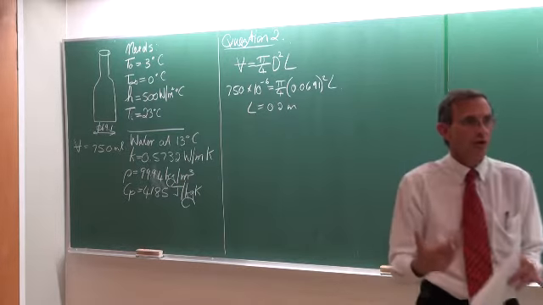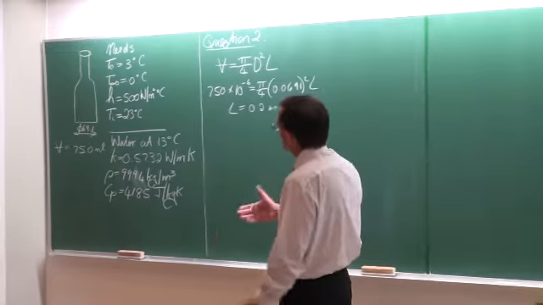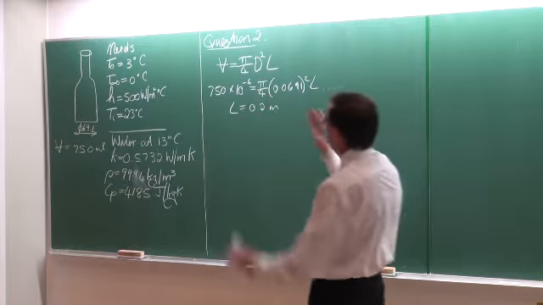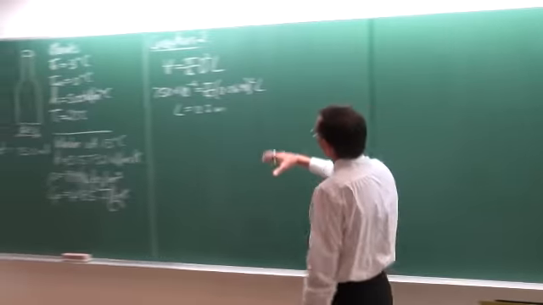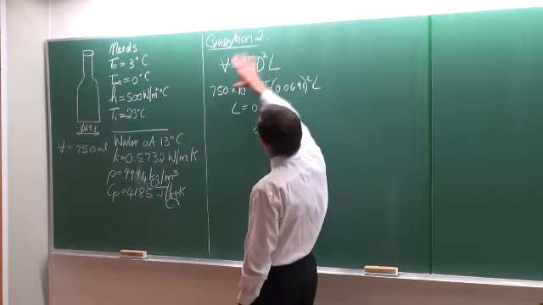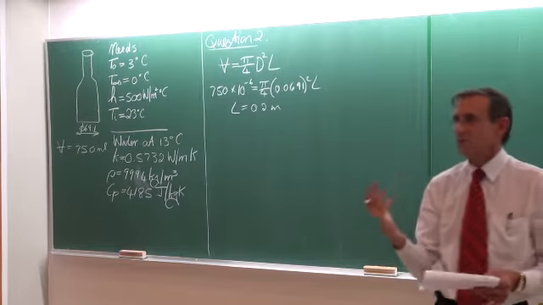So just from the answer, you must ask yourself, does it make sense? If you think of a wine bottle, typically 750 milliliters, if you would assume it's a cylinder and calculate the length, typically 200 millimeters makes sense.